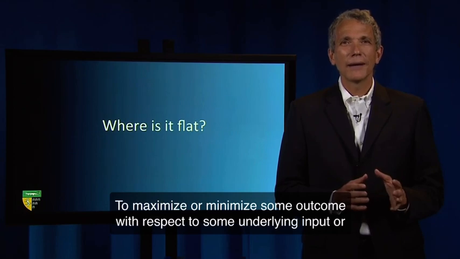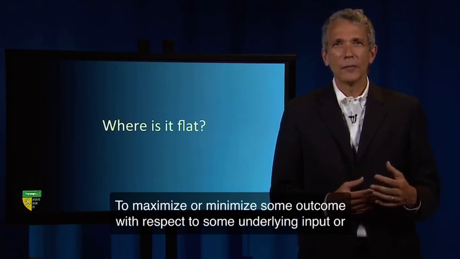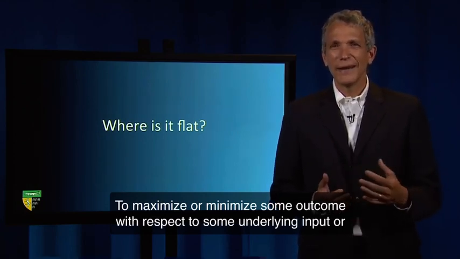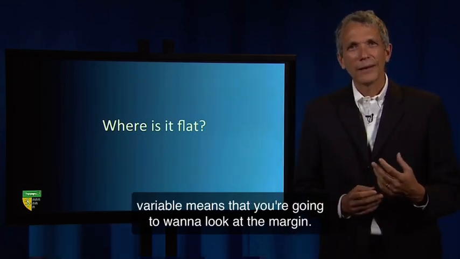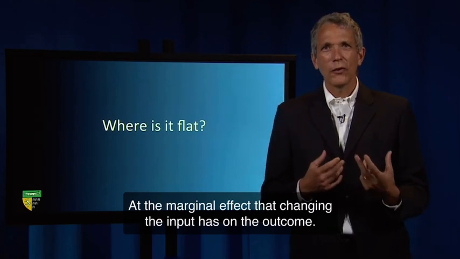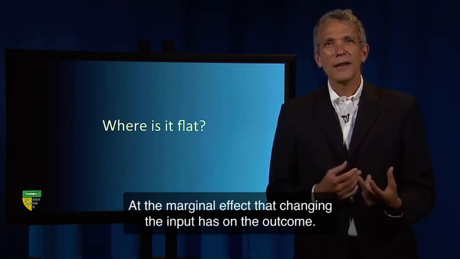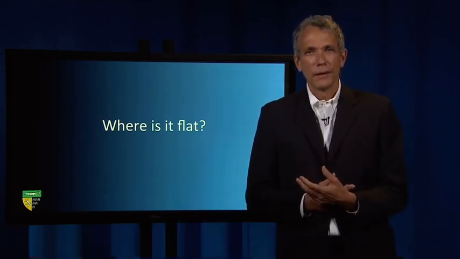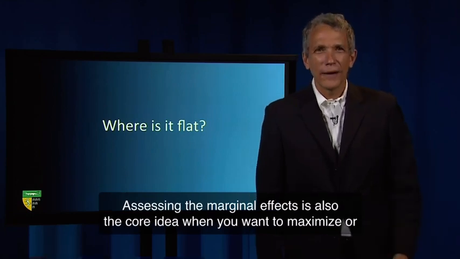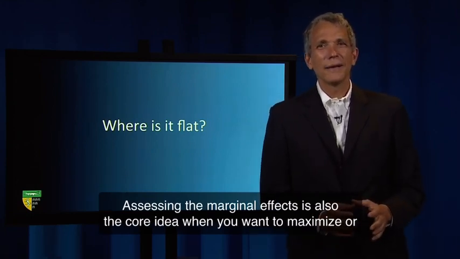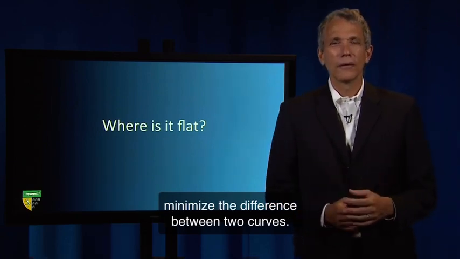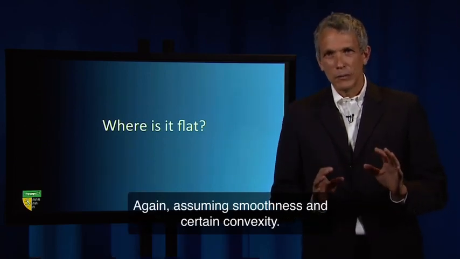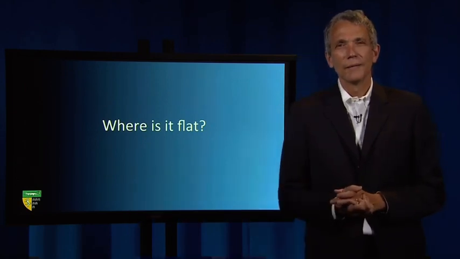To maximize or minimize some outcome with respect to some underlying input or variable means that you're going to want to look at the margin, at the marginal effect that changing the input has on the outcome. Assessing the marginal effects is also the core idea when you want to maximize or minimize the difference between two curves, again assuming smoothness and certain convexity.